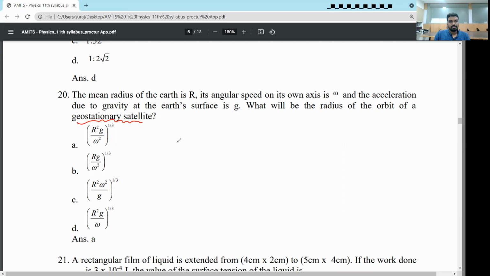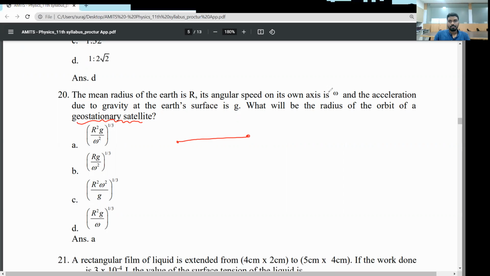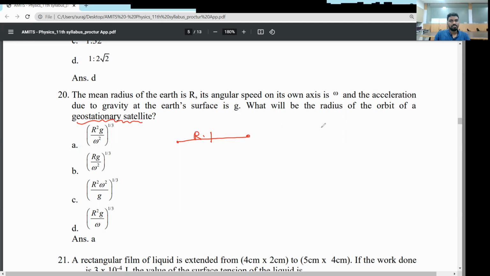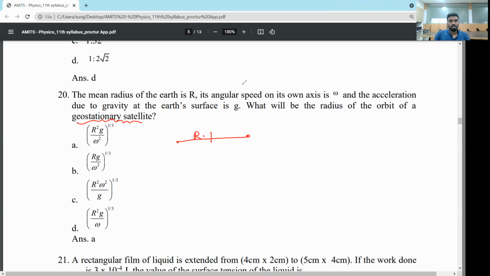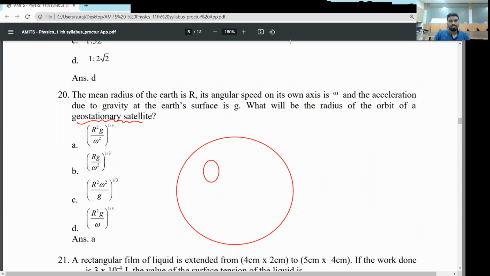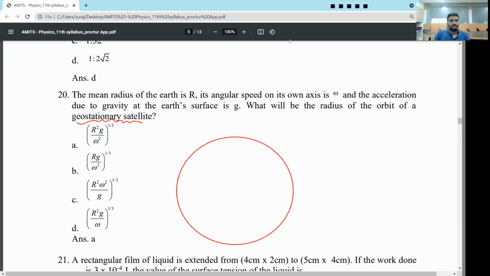So geostationary satellite is nothing but the satellite which has the same time period. Now this is capital R. Acceleration due to gravity is given g. Radius of the orbit of a geostationary satellite. So I'll just make a small diagram. Let's say this is the orbit of the geostationary satellite, and let's say there is the Earth.